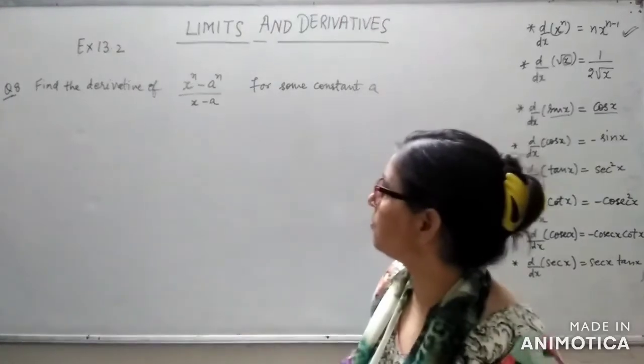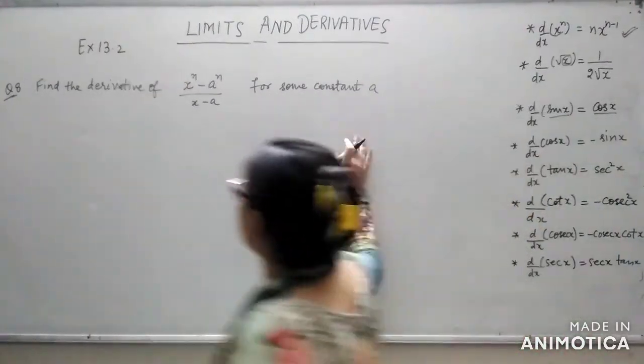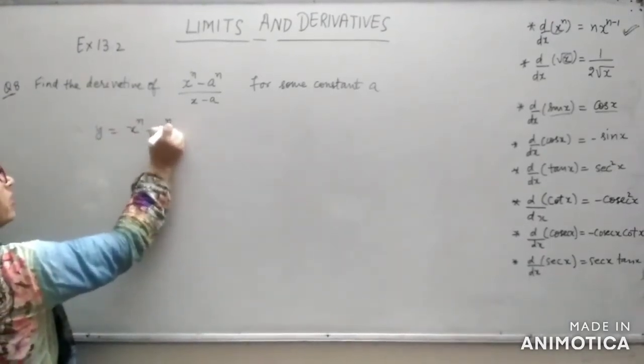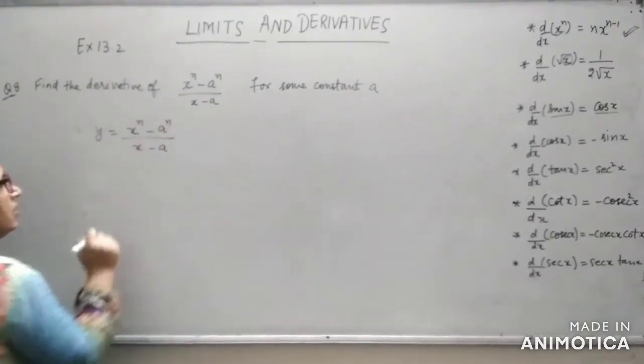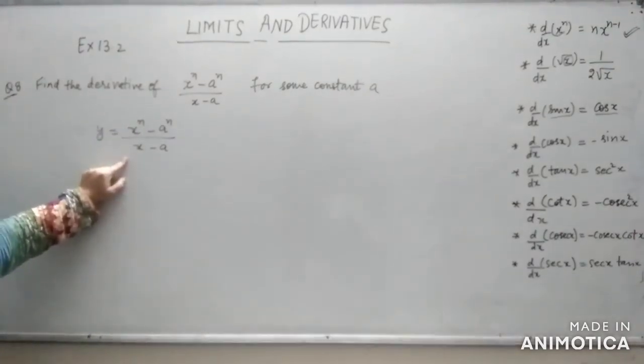And in question number 8, you have to find the derivative of this function for some constant a. So your y is (x raised to power n minus a raised to power n) upon (x minus a). Here you can see two functions are in division, so the quotient rule will be applied.